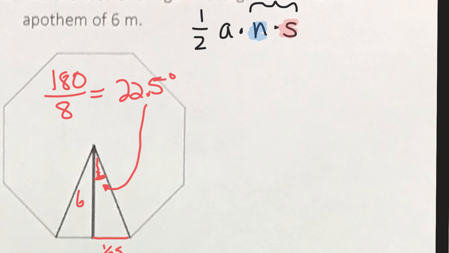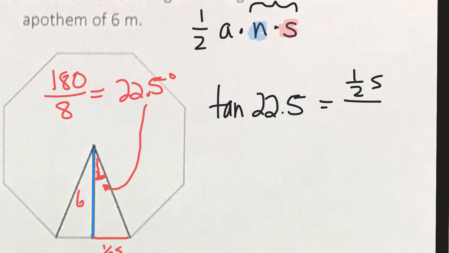For our 22.5 degree angle, the apothem is the adjacent side and half the side length is the opposite. So we're going to write a tangent relationship in order to calculate our missing side. That's 1/2 of your side divided by your apothem, which we know is 6.